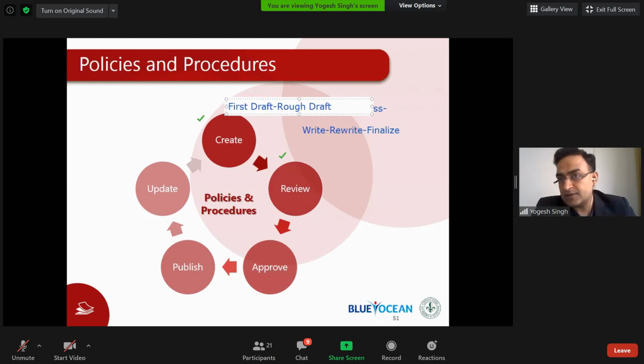Because when you make a policy, many times you yourself are not clear whether this is going to be the final format of the policy or there will be some changes. As many people will read it, they will have their suggestions. So are we going to make some changes after that? We are not sure. Hence, we say it is the first draft so that there is a scope of improvement.